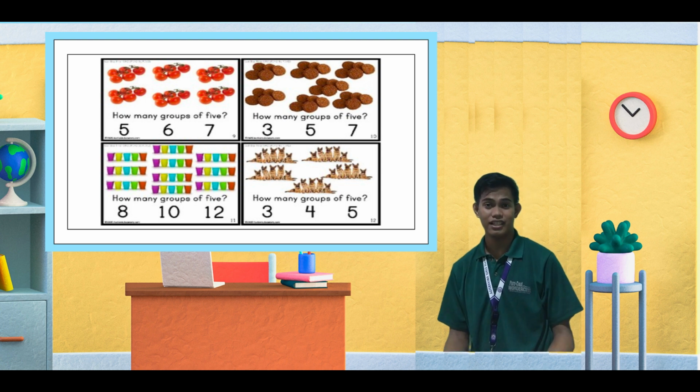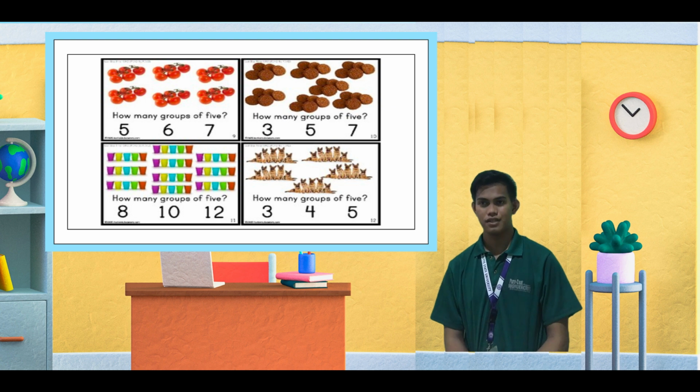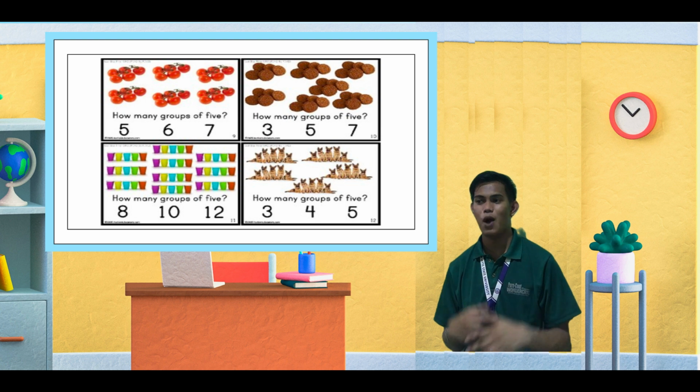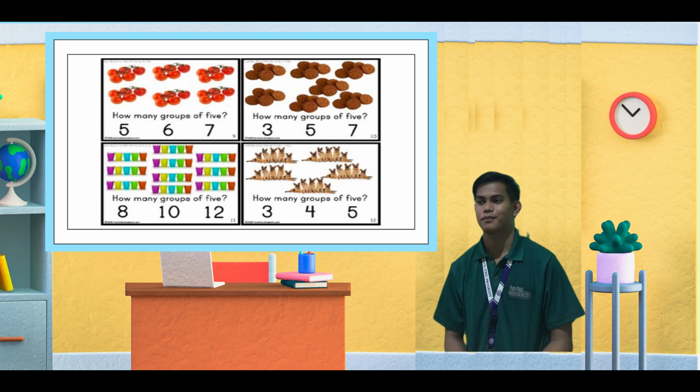So there are 30 cherries. So using the skip count by 5s, can you tell me how many groups of 5 are there? Okay, very good. So there are 6 groups of cherries using the skip count by 5s.